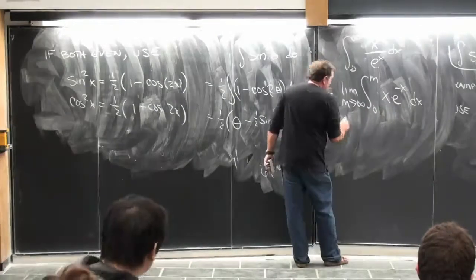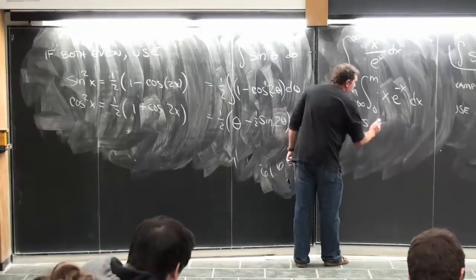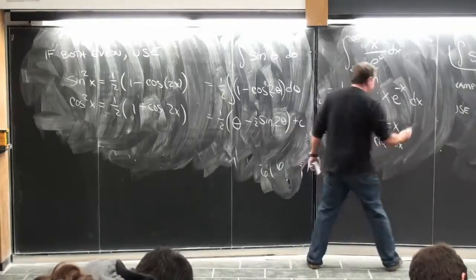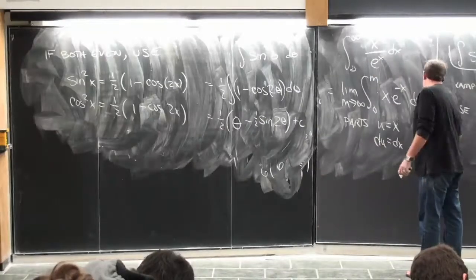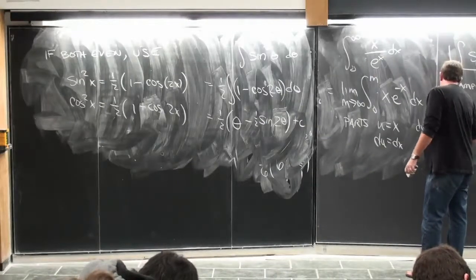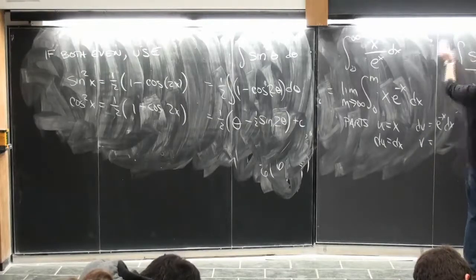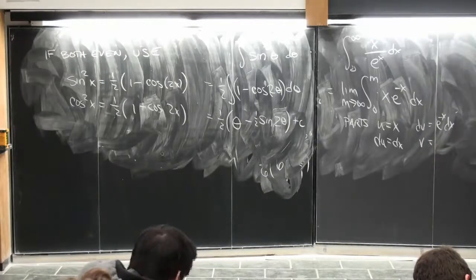Parts. I'm going to use parts, and I'm going to let this be my thing that I take the derivative of, and this be the thing I integrate. So by parts, I let u be x, so du is dx, and dv be e to the minus x dx, so v is minus e to the minus x.